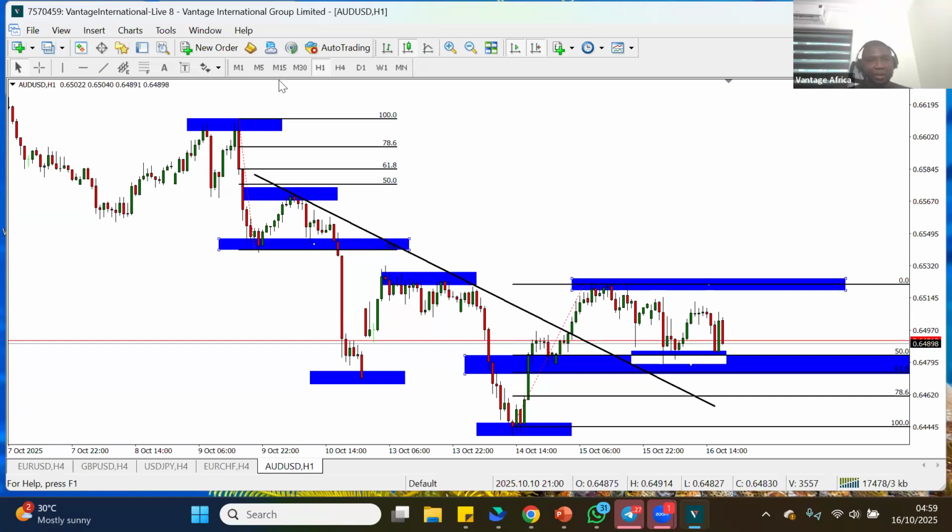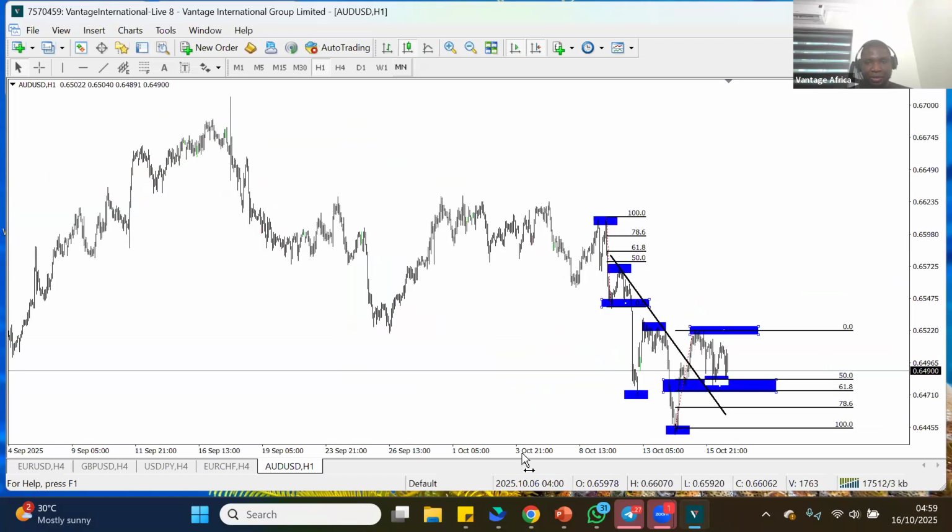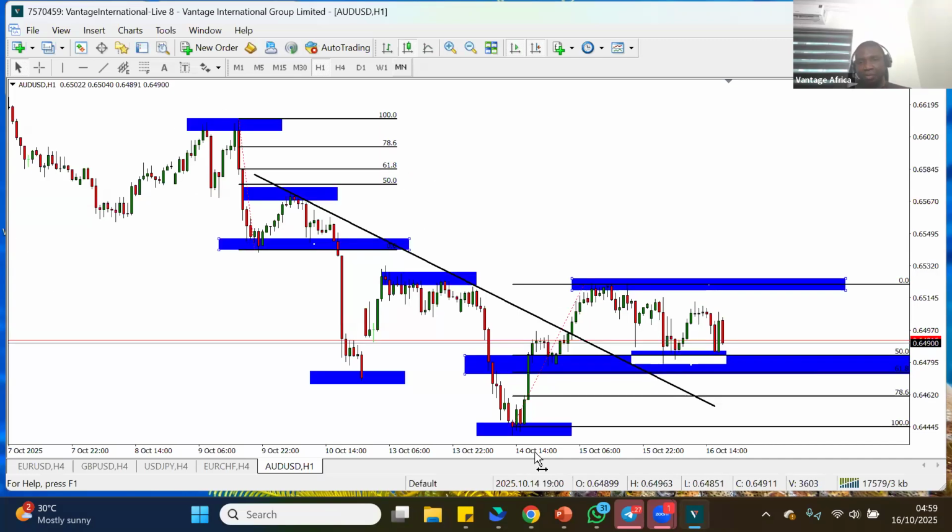If I zoom in here, I don't necessarily need to use a trend line. This can tell me the market is still a bit bearish. But when do you know when the market changes direction? This trend line helped me to see that it seems like the market is shifting bullish from bearishness.